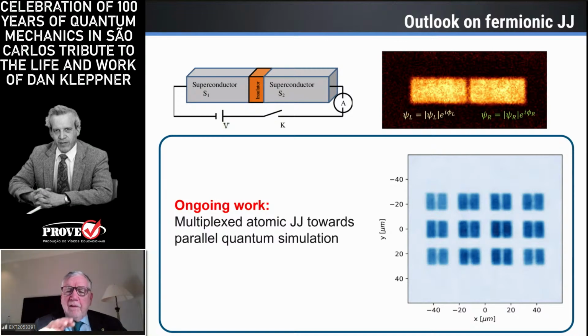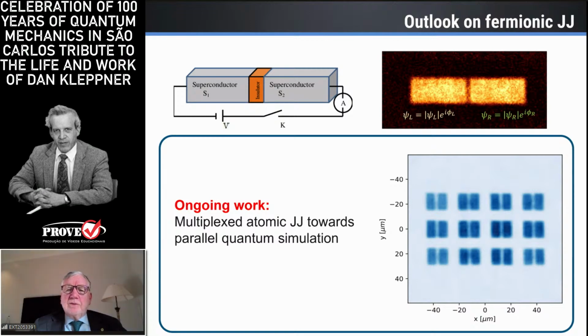And so you can create arrays of Josephson junctions, a little bit like we did at the beginning of this talk with the many Josephson junctions put together, oscillating in 1D in an optical lattice. But here you can essentially have a multiplexed atomic Josephson junction.